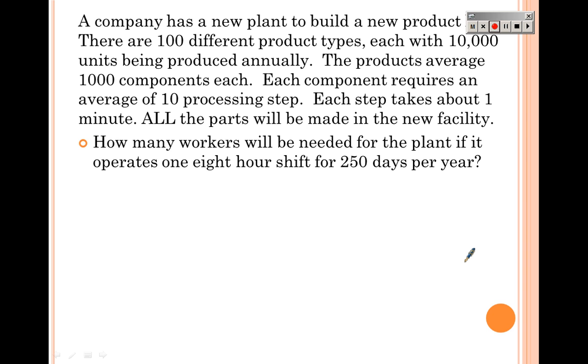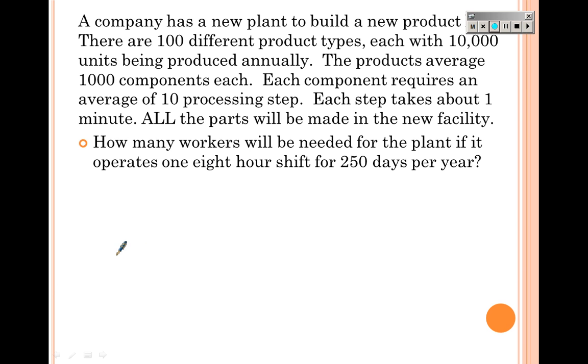Trying to do the math on my calculator here, sorry. So we have 16.7 times 10 to the 7, gotta move my decimal, 1, 2, 3, 4, 5, 6, 7 hours. Now how many hours do we have worked?